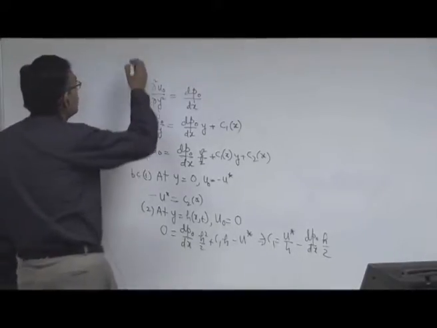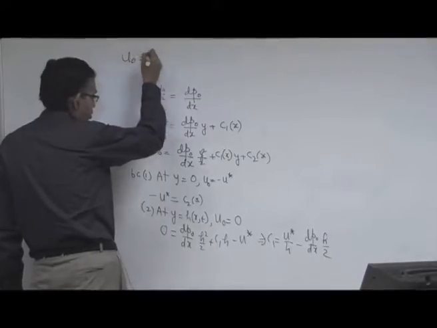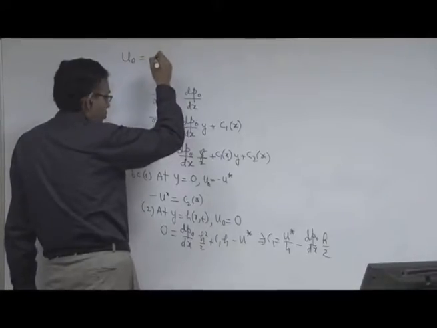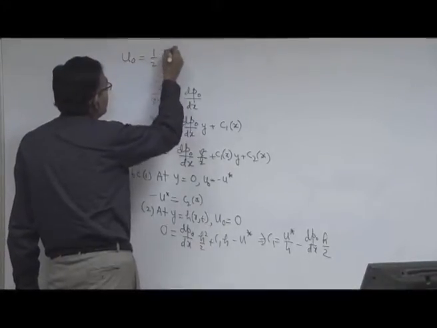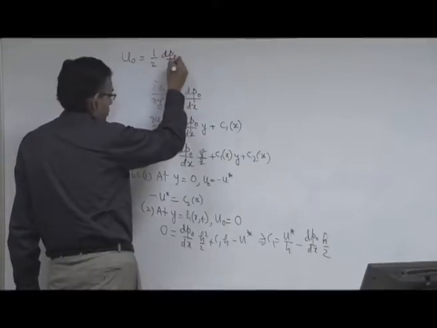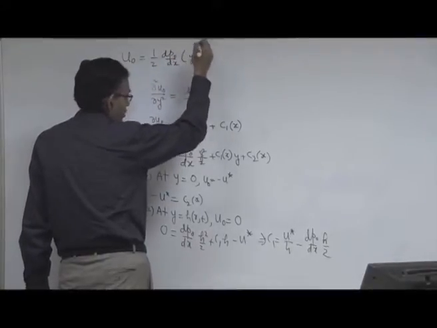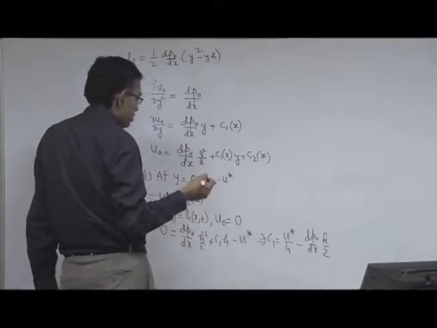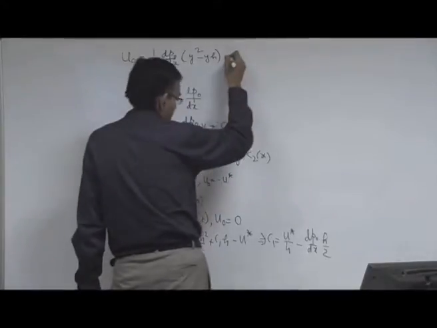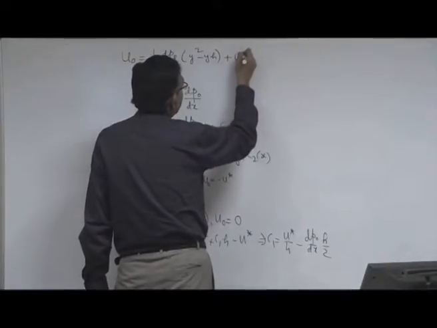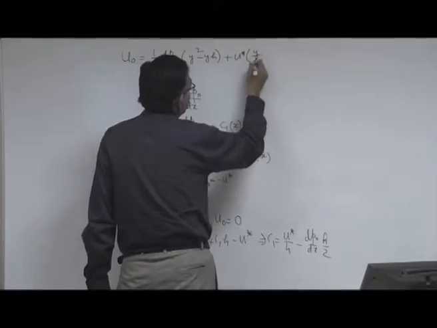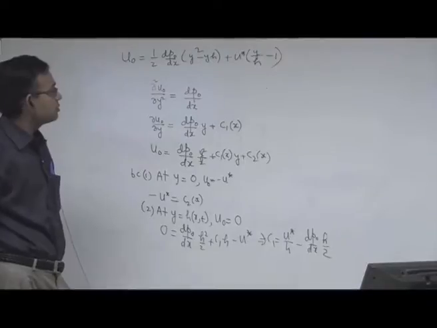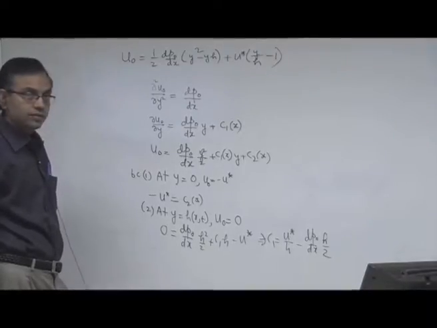So, what is your u0? Let us write it here. u0 is equal to 1 by 2 dp0 dx into y square minus yh, plus u star into y by h minus 1, right.